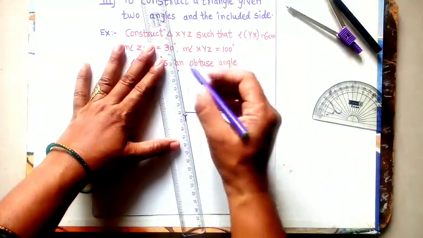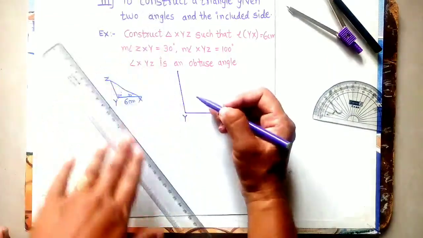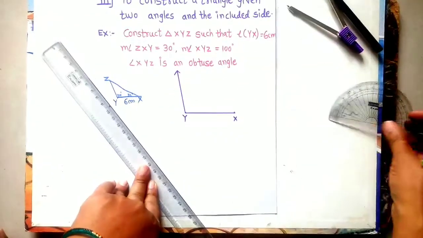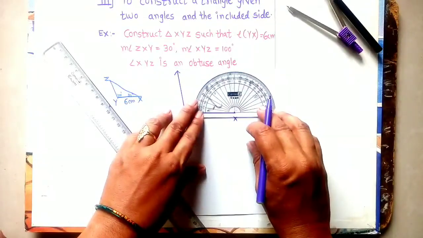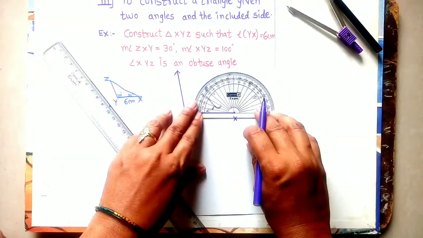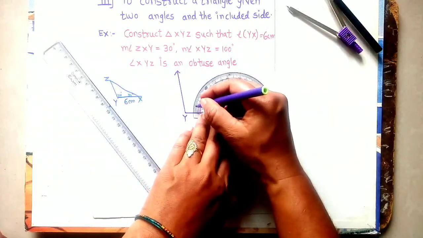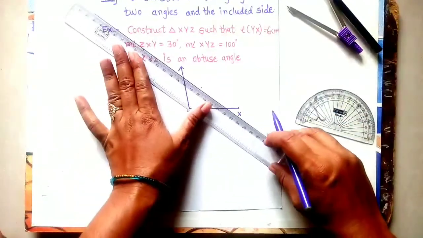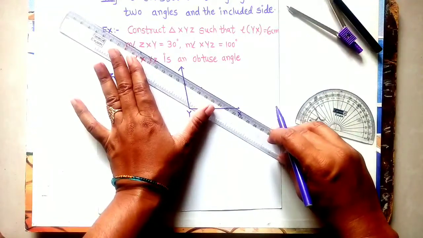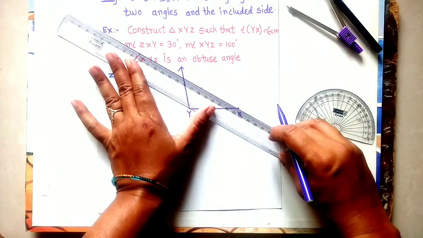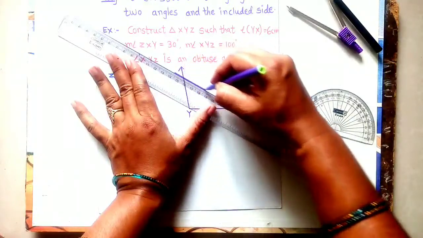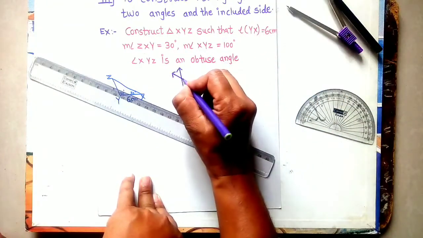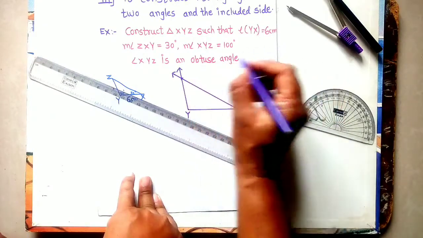Draw ray YR such that the measure of angle XYR is equal to 100 degrees. On the same side of segment YX as point R, draw ray XD so that the measure of angle YXD is equal to 30 degrees. Name the point of intersection of rays YR and XD as Z. Triangle XYZ is the required triangle.